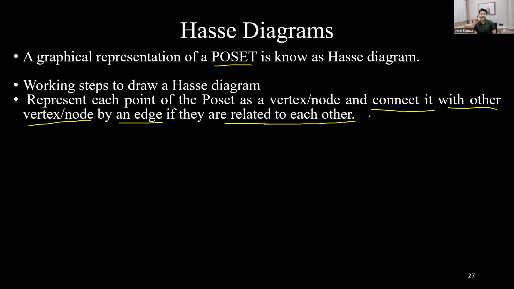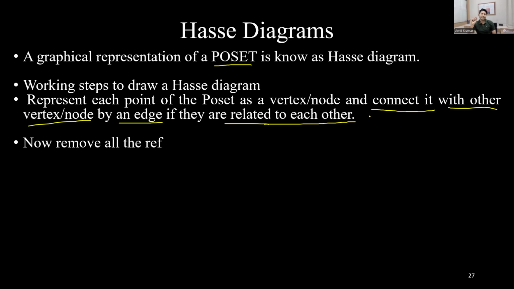If A and B are related, or I can say if (A, B) belongs to R, then A and B will be connected by an edge. Then, once we represent all the vertices and the connections between them by edges, there are three more steps.